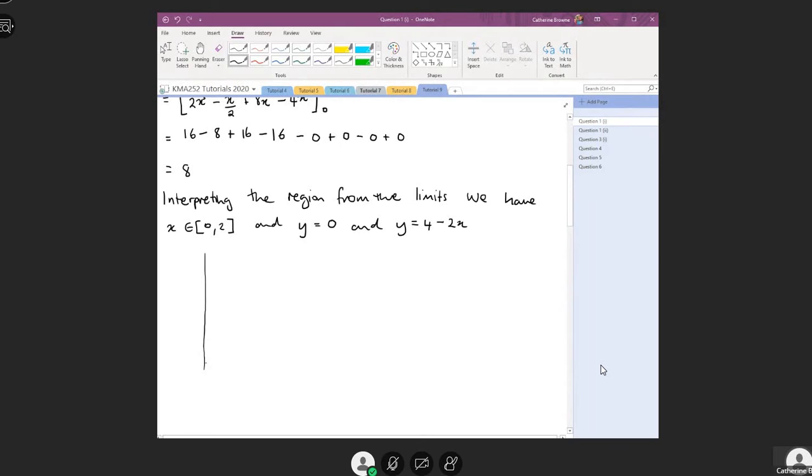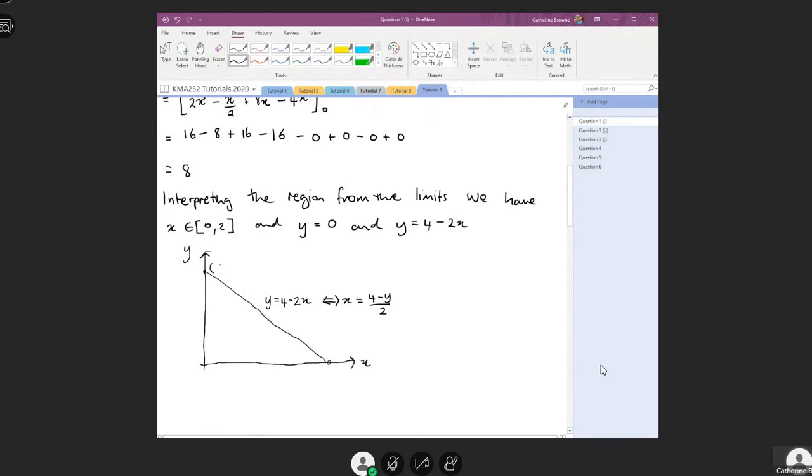So if we draw that, this is the line y equals 4 minus 2x. And now that can also be written as x equals 4 minus y all on 2.